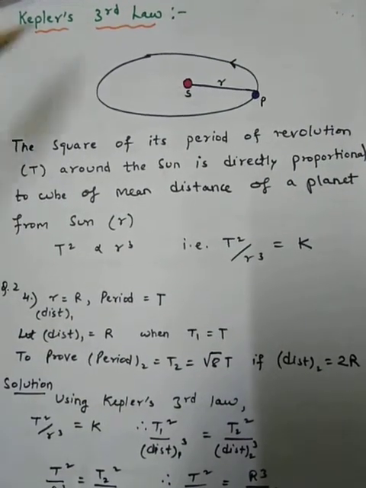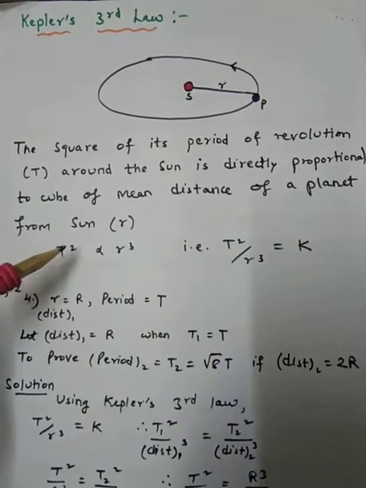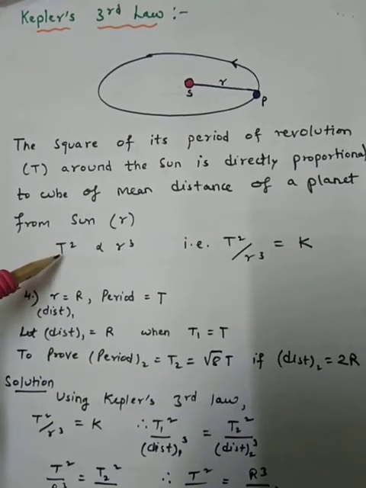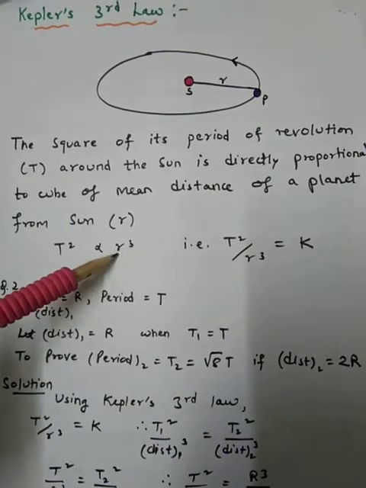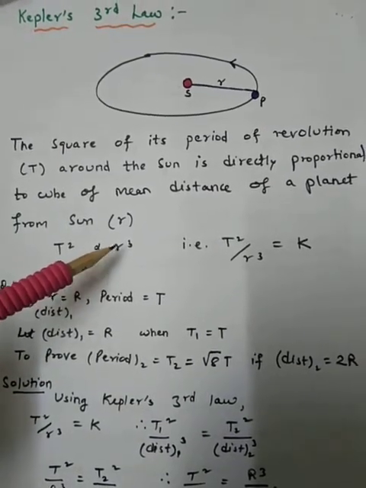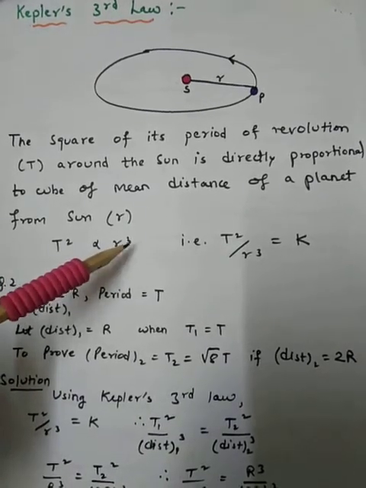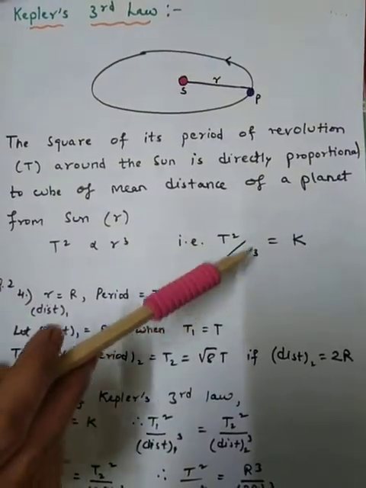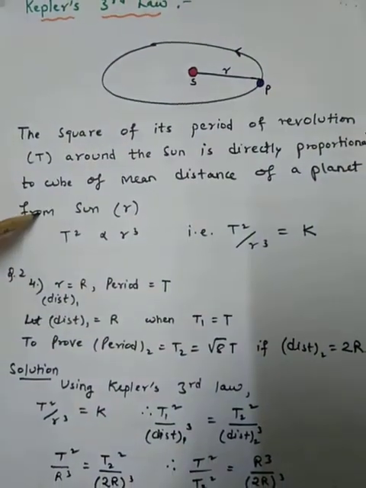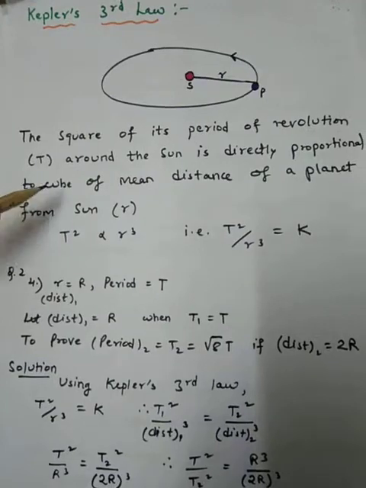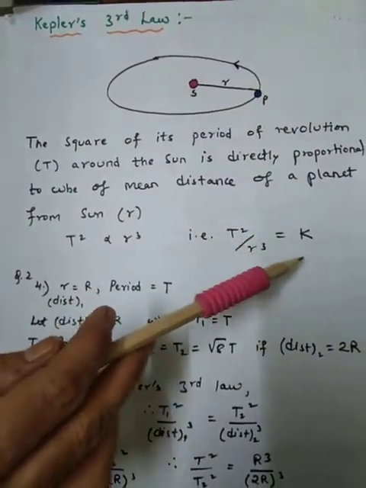So Kepler's third law just states that the square of the period of revolution of the planet around the sun is directly proportional to the cube of the mean distance of the planet from the sun, that is t square is proportional to r cube, meaning t square divided by r cube will be equal to k, that is constant. This is simply Kepler's third law. The statement is very important, and also the equation that t square upon r cube is equal to constant.